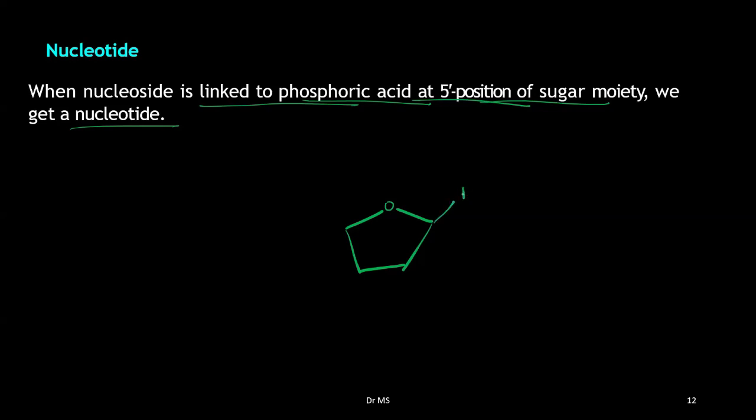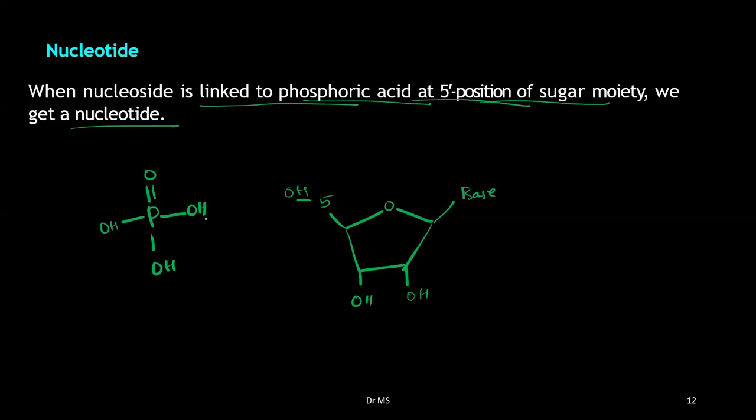So here the base will attach here. It can be hydrogen or OH based on DNA or RNA. If it is DNA, it is H. If it is RNA, it will be OH. And there will be OH here, and on the fifth carbon there will be OH. And the phosphate group has OH, OH, OH, and a double bond O. So this is the normal structure.